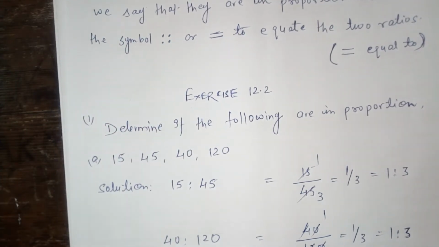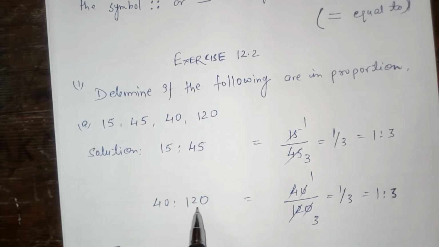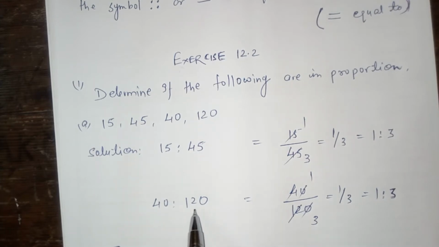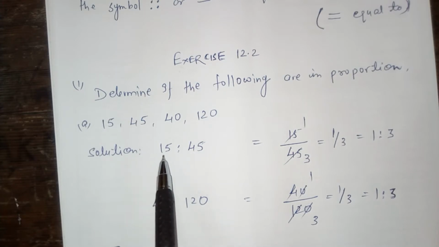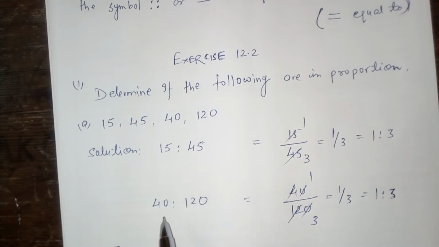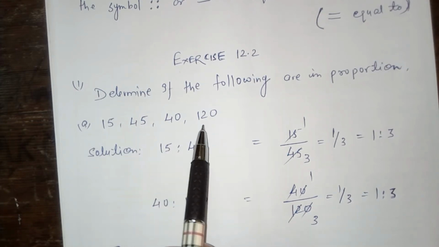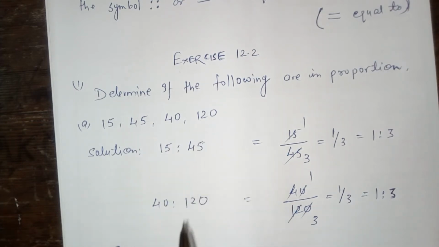Again, we find the ratio of the next two numbers, that is the third and fourth numbers. The meaning is, first we find the ratio of the first and second numbers, then we find the ratio of the third and fourth numbers. In this question the third number is 40 and the fourth number is 120.